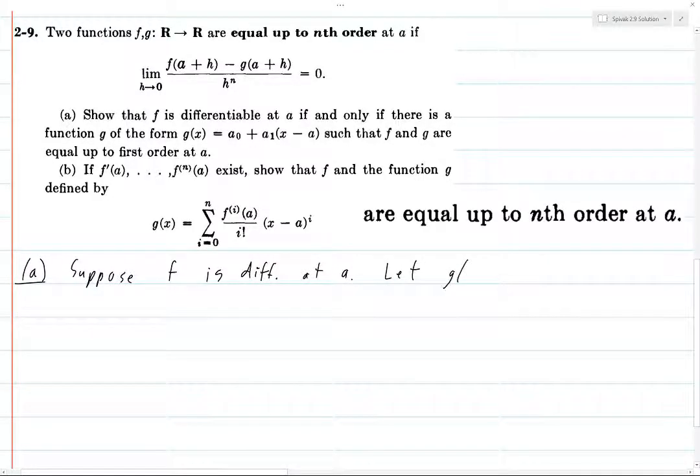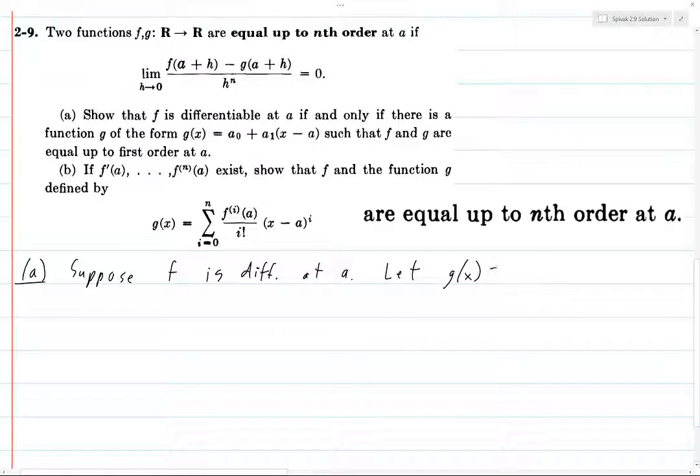So the first thing that we should do just to get a feel for this exercise is figure out, assuming this is true, if f is differentiable, what are a0 and a1? And once you know that, not only can you do the forwards direction, but it also shows you how to go about the reverse direction.